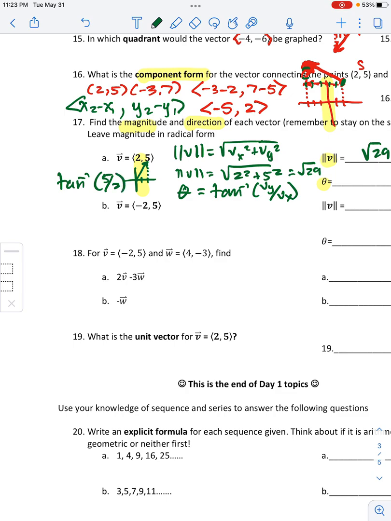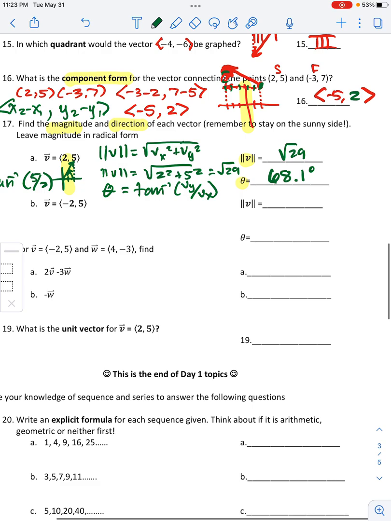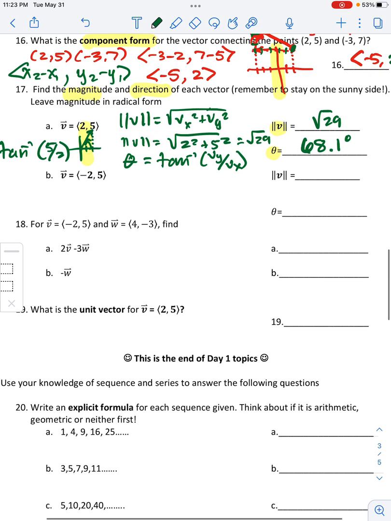So second tangent, 5 over 2, and it's giving me 68.2. Does that seem like a reasonable angle? Sure does. And I'm in quadrant 1. I'm on the sunny side, so my answer is my answer, and it's 68.2 degrees. And this is supposed to say sunny side. Oh, it does now. Yours doesn't.